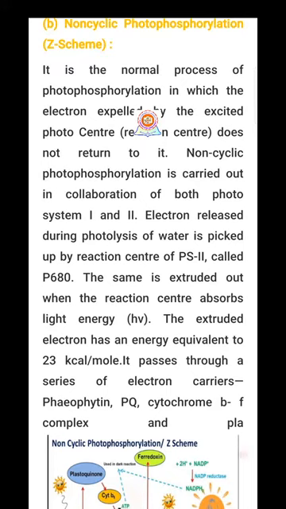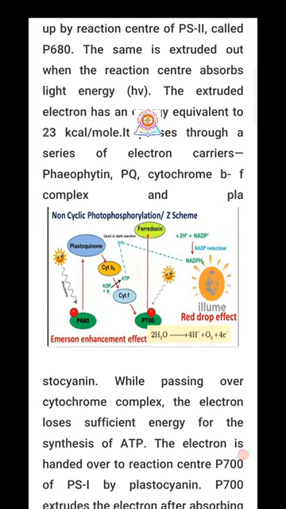When the electron absorbs photon energy, it is in an excited state, and in the excited state it passes through a series of electron carriers or acceptors like pheophytin, plastoquinone, cytochrome b6f complex and plastocyanin.